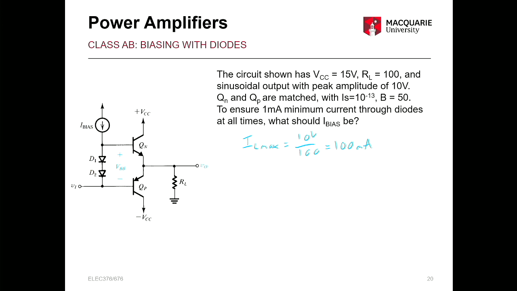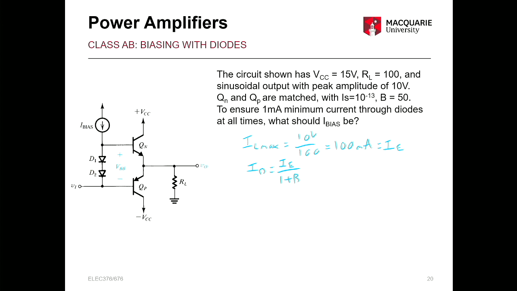And that's, in this case, essentially equal to your IE. We have a positive output, so we're just concerned with our Qn, and that means that current's being drawn from IE there. But we're interested in the IB, so we know how to relate those. IB is equal to IE over 1 plus beta.